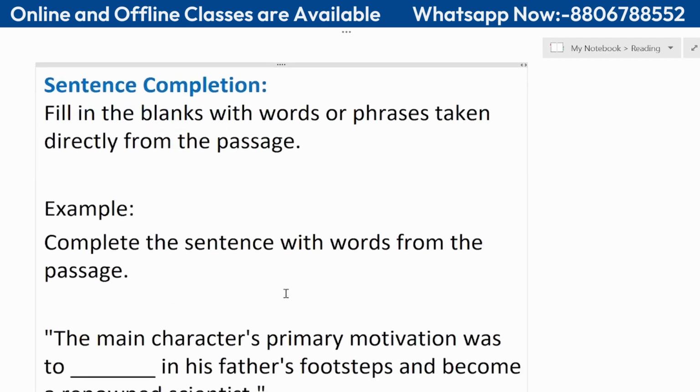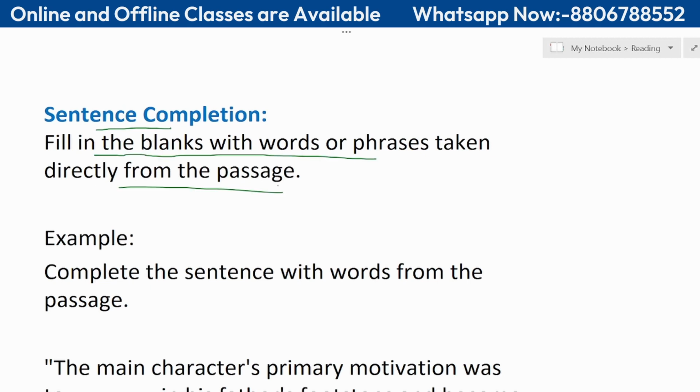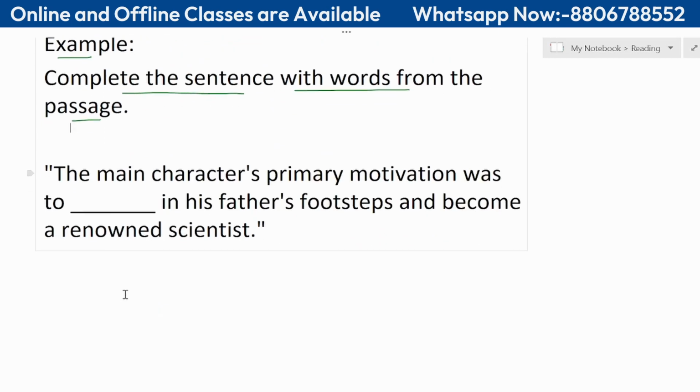Let us move on in the video. The next type of question is sentence completion. Now here, you will be asked to fill in the blanks with words or phrases taken directly from the passage. For example, complete the sentence with words from the passage. So this is how you will be asked in relation to sentence completion.